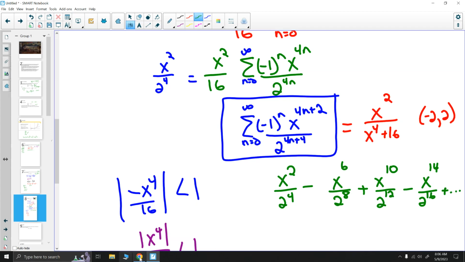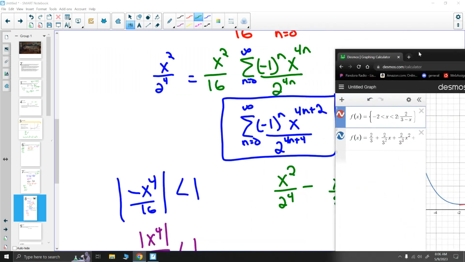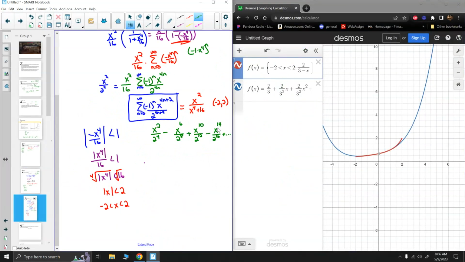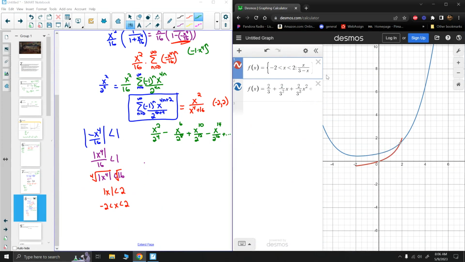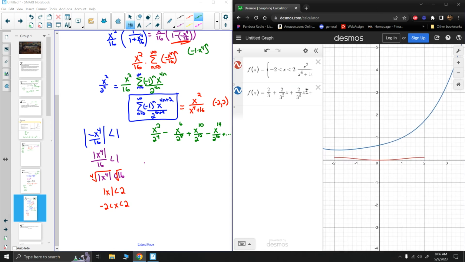So let's take a look at this one. So again, it's between -2 and 2 in this case, because of our interval of convergence. And we're going to say it's x squared over x to the fourth plus 16. Okay, so that's what this function here looks like.